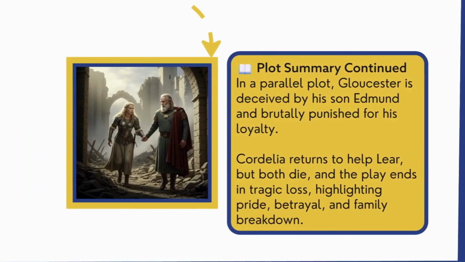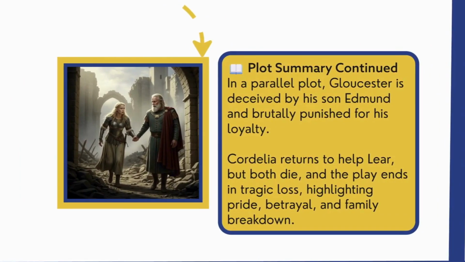Now, as the plot continues, there's almost a parallel plot going on with a character called Gloucester, who is deceived by his own son Edmund and then brutally punished for his loyalty towards King Lear. Cordelia, who is the one daughter who is very loyal to King Lear, returns to help him, but both of them end up dying, because obviously this is very much a tragedy, and the play ends in that tragic loss.